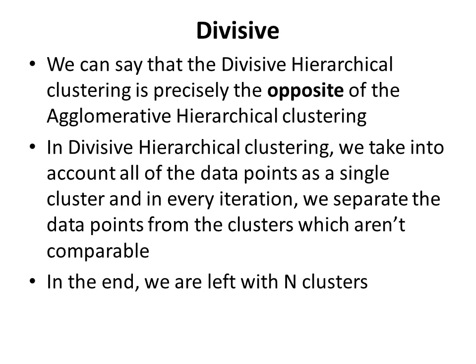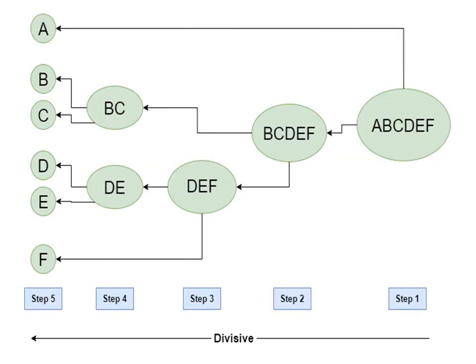In divisive hierarchical clustering, we take all of the data points as a single cluster, and in every iteration we separate the data points from the clusters which are not comparable. In the end, we are left with n clusters.